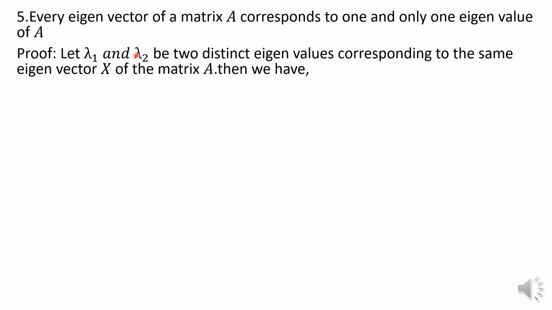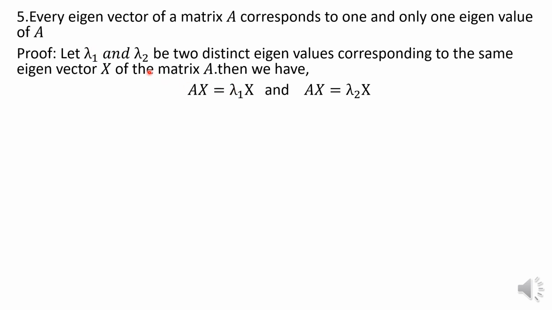So what is that proof? If A is the matrix, x is the eigenvector and lambda is the eigenvalue, then we have Ax is equal to lambda x. Whenever you come across the word eigenvector, you should remember this equation. Ax is equal to lambda x. In place of lambda, we have taken lambda 1 here, because we have chosen lambda 1 as the eigenvalue.